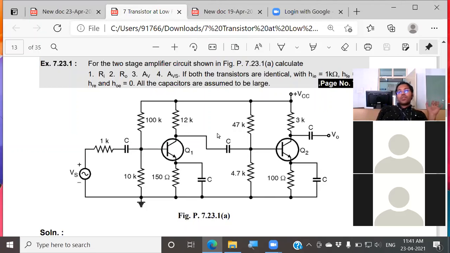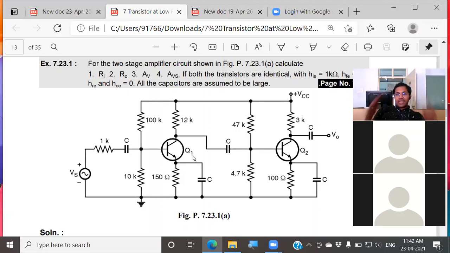So in both cases, which analysis can I use? I can replace both transistors by the exact or the approximate h parameter model. Which one? Approximate, yes. But before we do that, what is the first step?